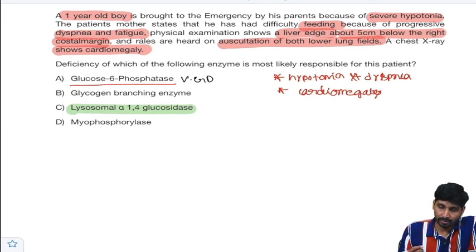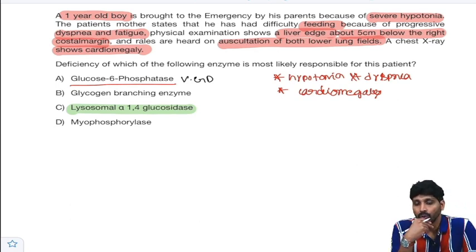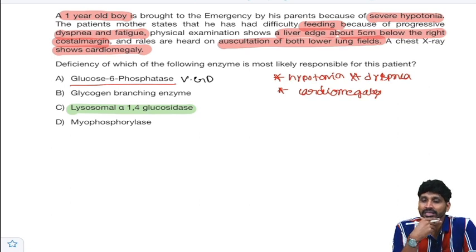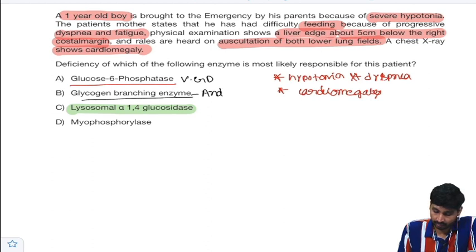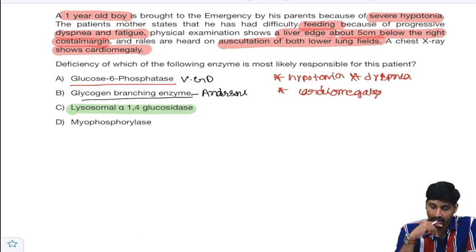Whereas glycogen branching enzyme, this deficiency causes Andersen's disease. And the fourth option, myophosphorylase, is the muscle glycogen phosphorylase enzyme, and its deficiency gives you McArdle disease.